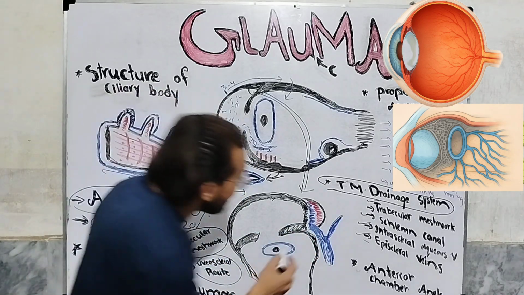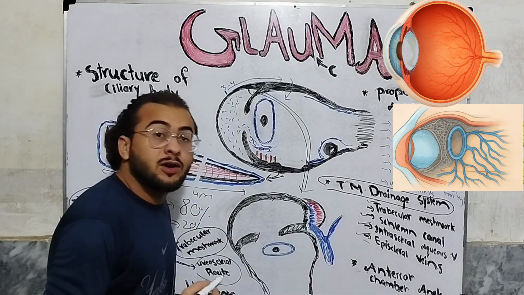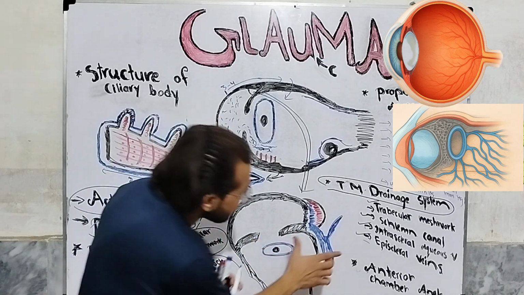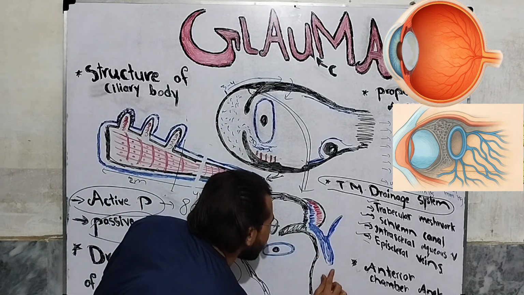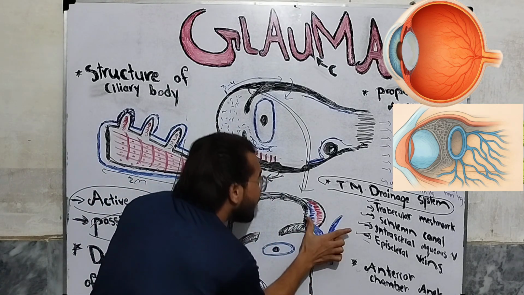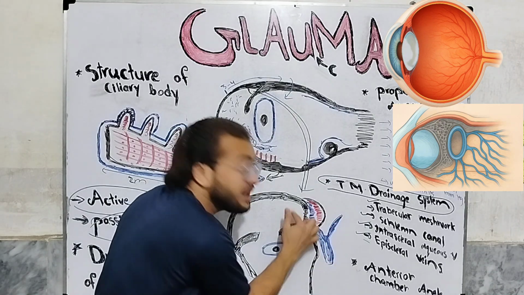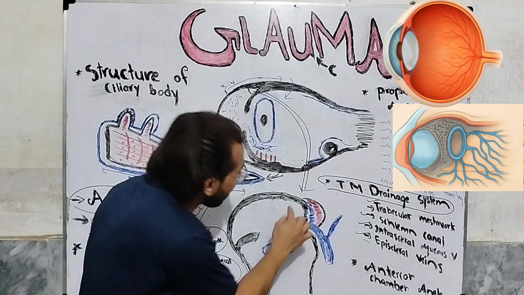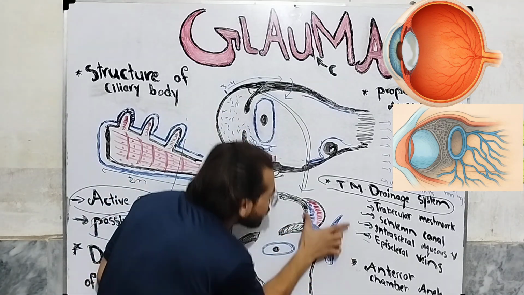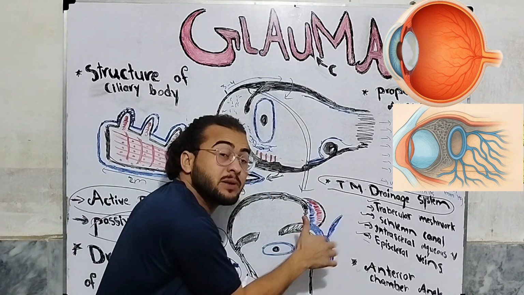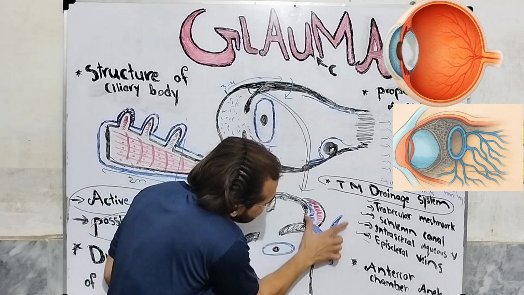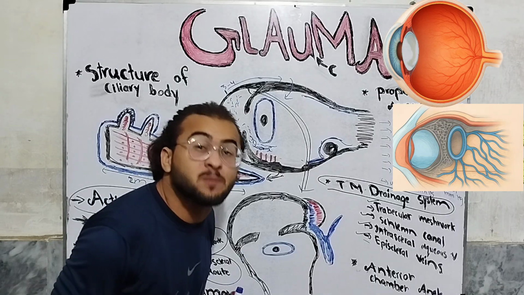From the scleral spur: what is the scleral spur? When the sclera comes right over here, it forms a projection into the anterior chamber angle. This projection of the sclera is called the scleral spur.